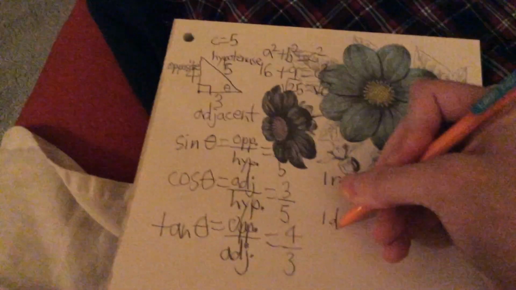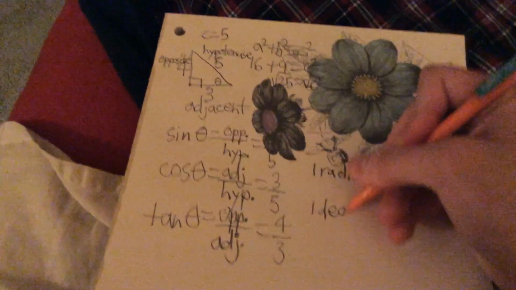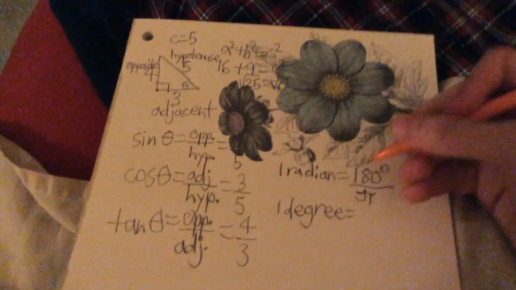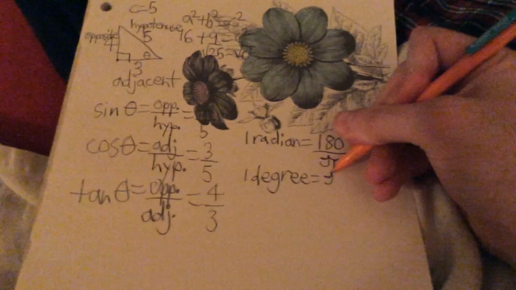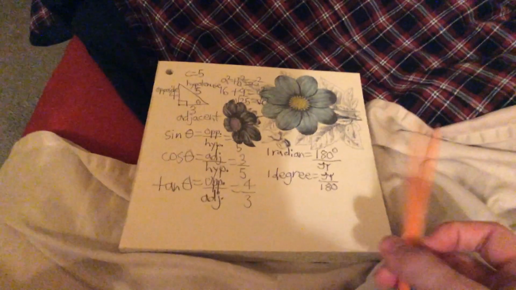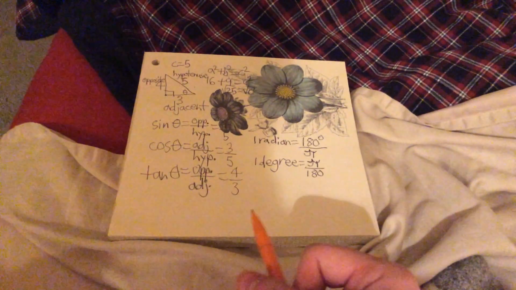Then 1 degree in radians is going to equal pi over 180 radians.